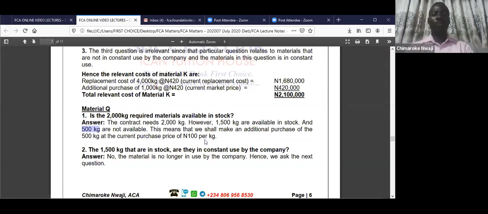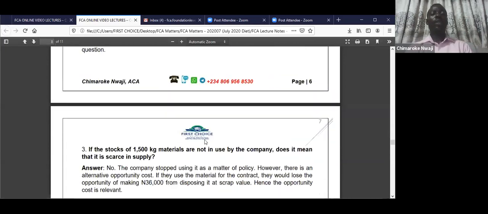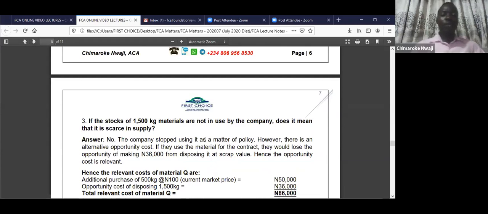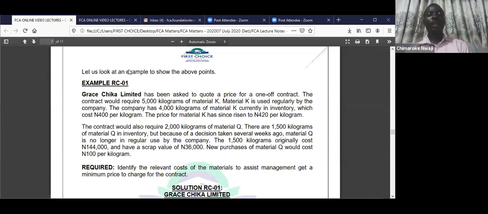You ask the next question. So what's the next question? If the stock of 1,500 kg are not in constant use by the company, does it mean that it is scarce? Okay, look at the answer. The answer says no. The company stopped using it as a matter of policy, not because of its scarcity. However, there are alternative opportunity costs. How do we know there's alternative opportunity costs?